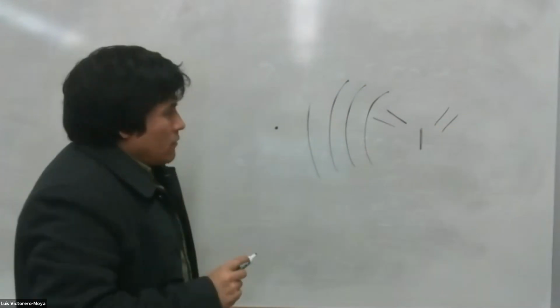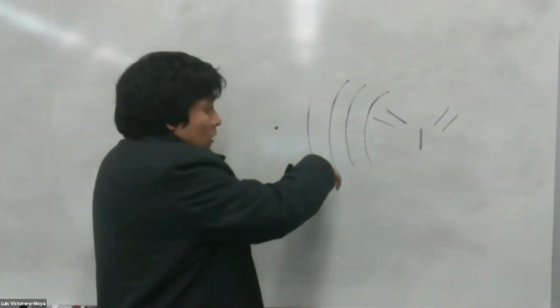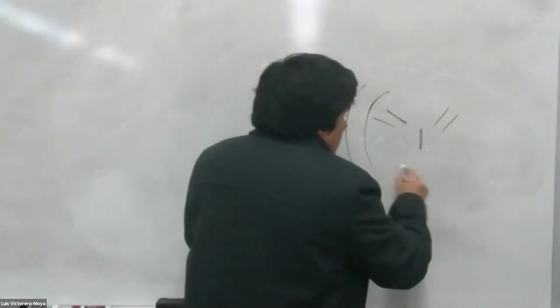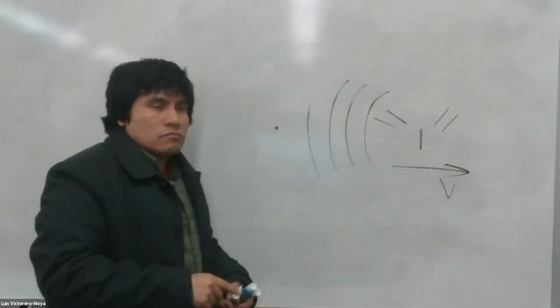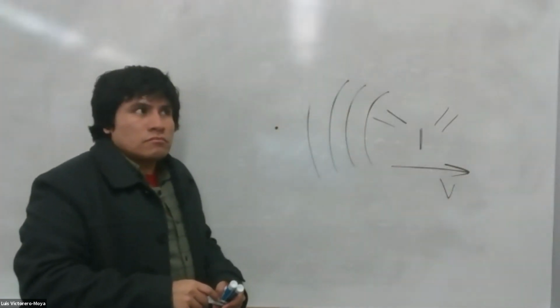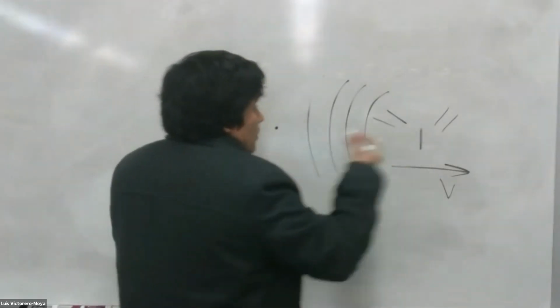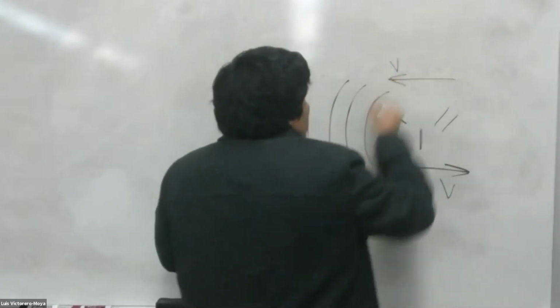I want you to tell me what happens with the frequency at which you are hearing this if the ambulance moves away. The lower frequency? Lower, good. What will happen if the ambulance moves towards you? It increases.